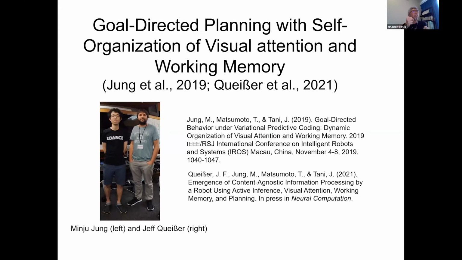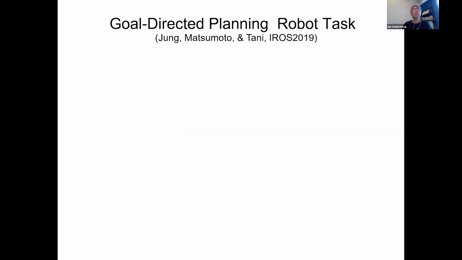Using visual working memory, attending is a part of the action, so through the active inference framework we can do it. And actually we found something very interesting: a prefrontal-like mechanism emerged. I'd like to show that.